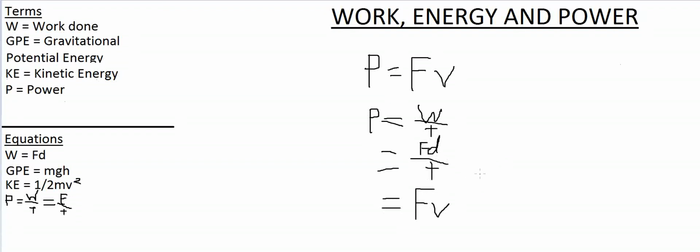This is because power is for a fixed point in time, so acceleration is not taken into account, and you don't have things like half u plus v. So this is another equation for power. Let me add it here.